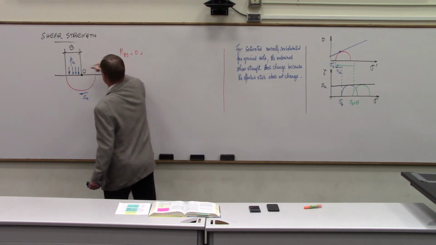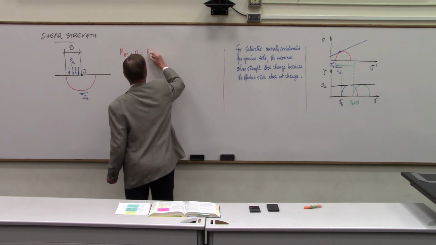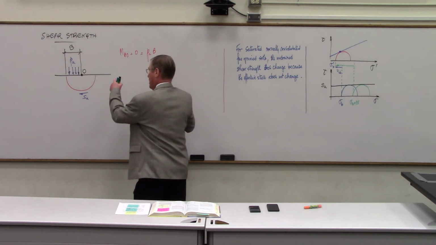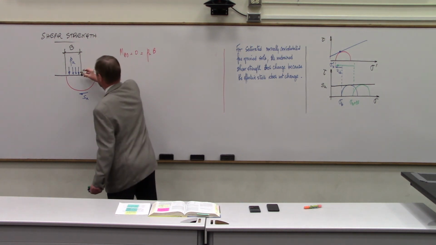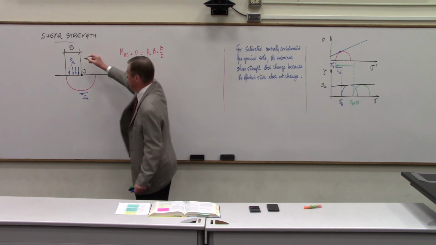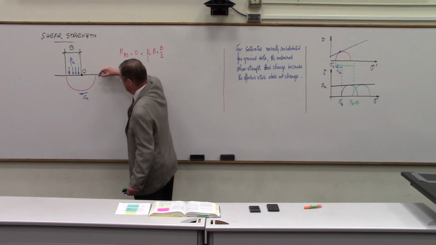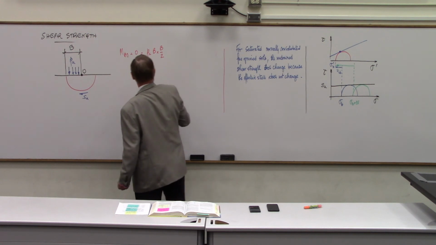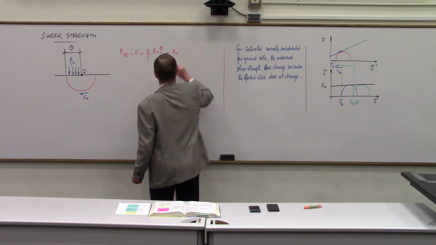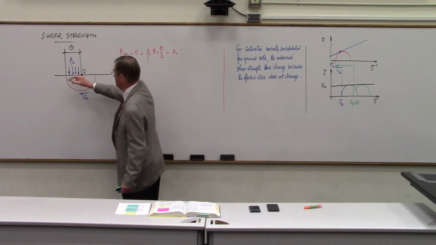I've got the moment due to P sub U, which acts over B, the width. And that will be the line load under the tower. The moment arm is going to be B over 2. Okay, so that's the moment in this direction. The resisting moment will be due to S sub U. So I'm going to subtract S sub U, which is the stress acting along that circle.